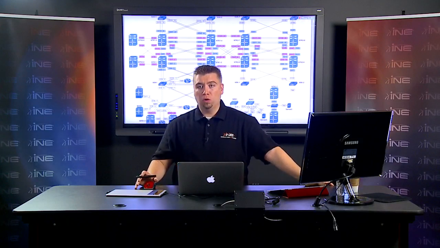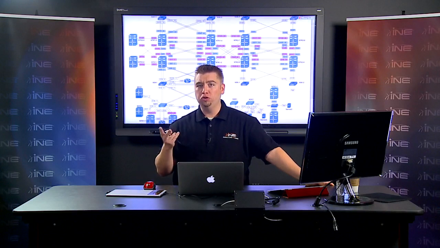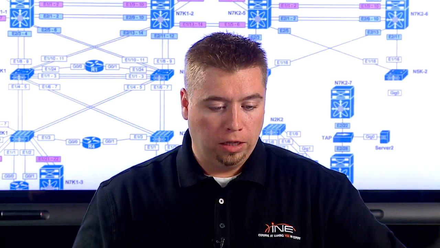So OTV can run in a VDC, and that's what we're going to be doing here, because we have two physical boxes, Nexus 7K1 and Nexus 7K2. These two physical boxes are then split into 4 VDCs each. So the issue is that we can't run it inside the same VDC that we're doing the SVI routing, like Nexus 7K1 and 2 are now.